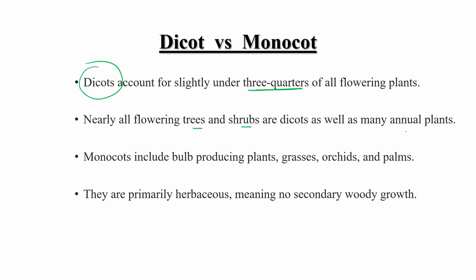And all those plants which are in bulb form, bulb-producing plants, come under the monocot category. Apart from this, grass, orchid, and palm. Okay, and the monocots are primarily herbaceous, meaning there is no secondary growth. This is a very important characteristic of monocot.